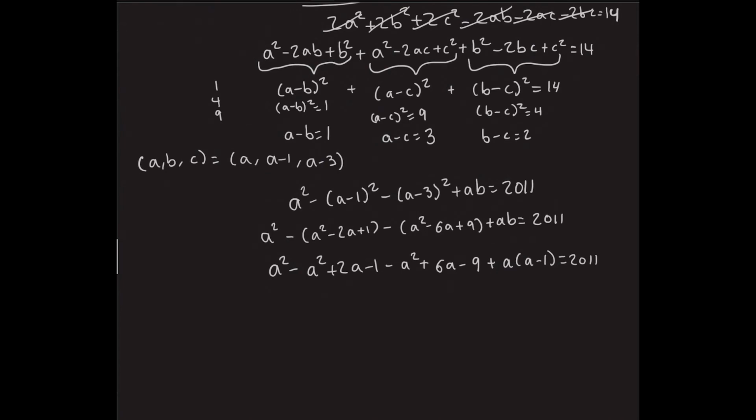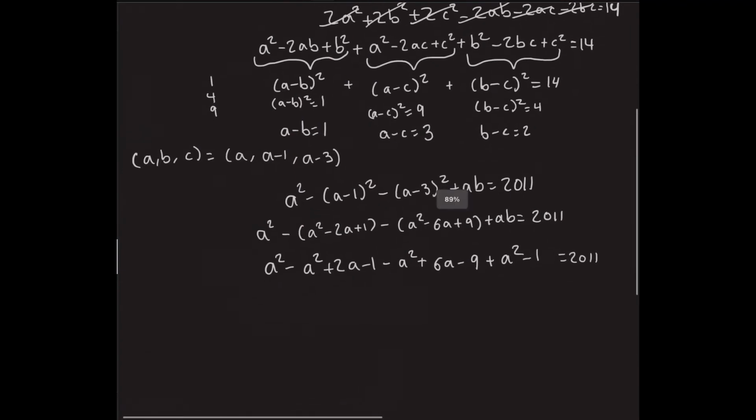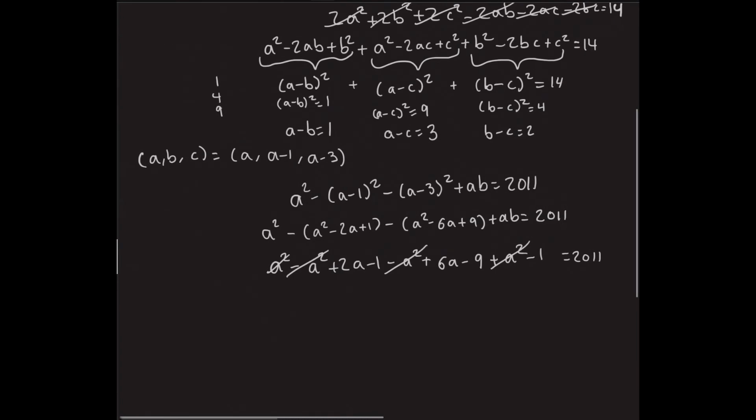So expanding everything here, I can just rewrite this as a squared minus a, plus a squared minus 1. So now we can eliminate the a squared and negative a squared, and then we have a negative a squared and a positive a squared. So then we're left with a 2a and a 6a, and then it's going to be minus 11.